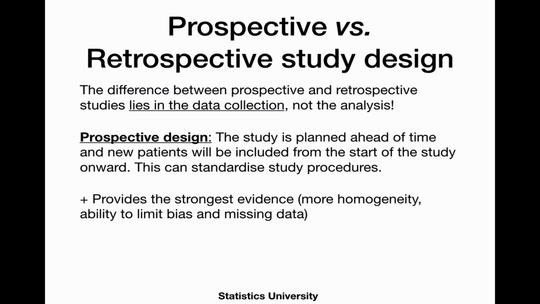The biggest advantage of using a prospective design is that it will provide the strongest available evidence compared to a retrospective design, since it tends to create more homogeneous study groups and it increases the ability to limit bias in the study and limit missing data. The downside, however, is that it is costly with regard to time and finances to run a prospective study.